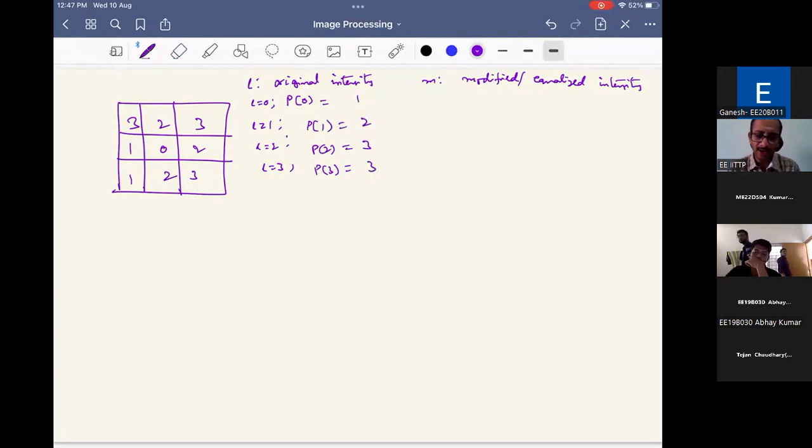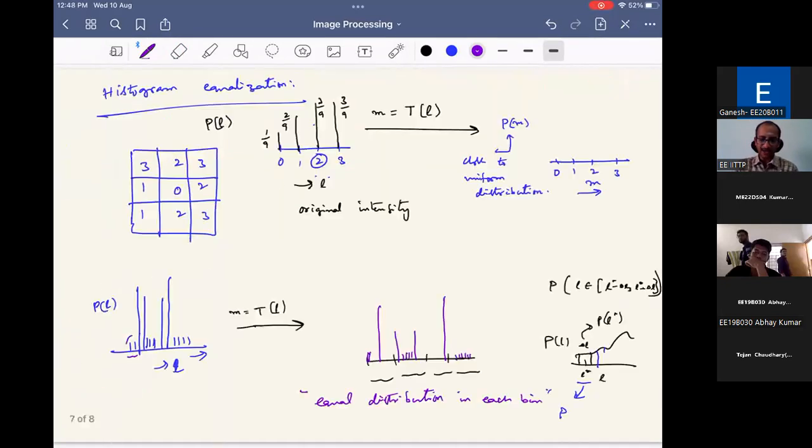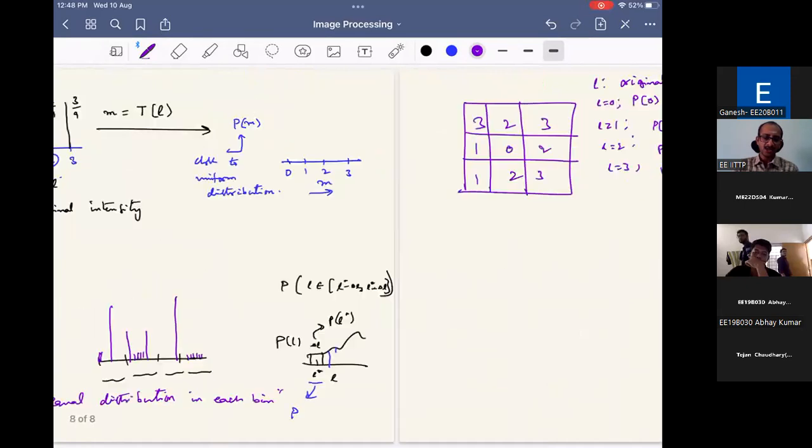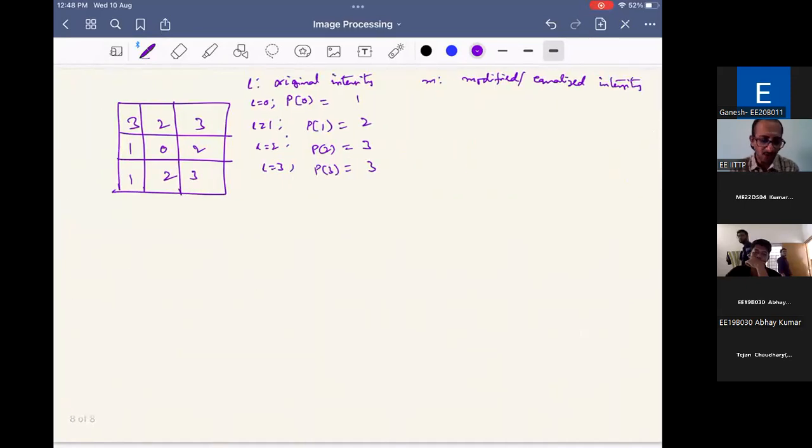Now, as I mentioned, we want to see that it is equally distributed in each bin. To see that the sum of probabilities is equal, we need to calculate the cumulative distribution function. So let's calculate it. How do we calculate?